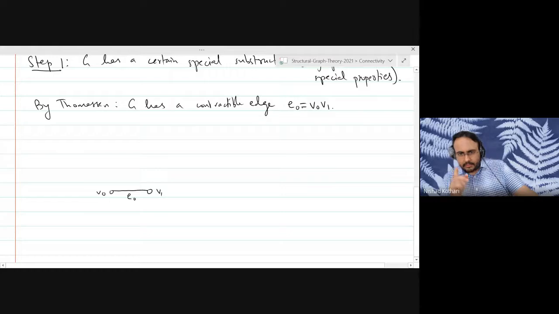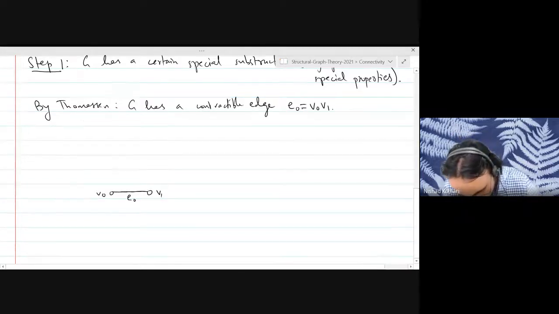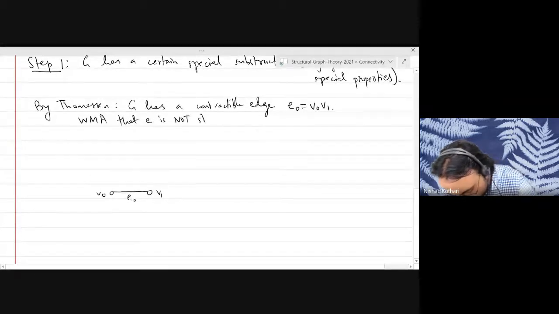If this edge is strictly contractible, which means when you contract it you get a simple graph, then you are done. Then you have proved Tutte's theorem, right? So we may assume that this edge is not strictly contractible.